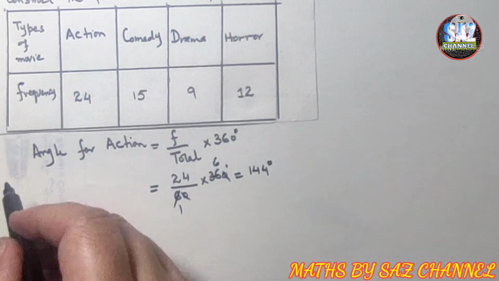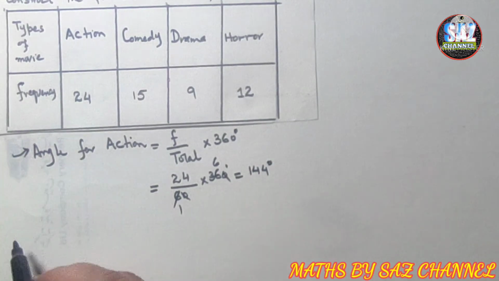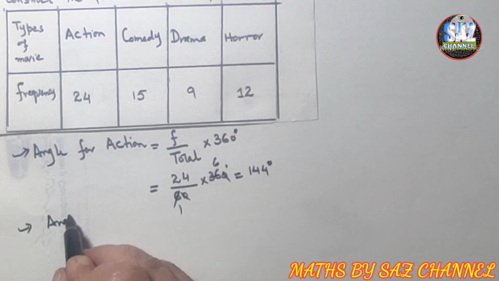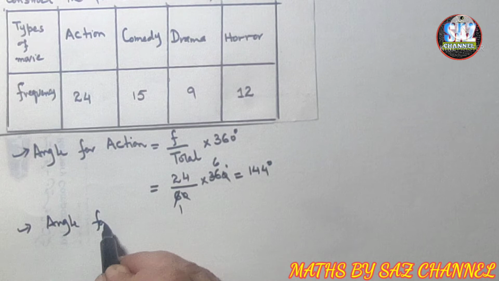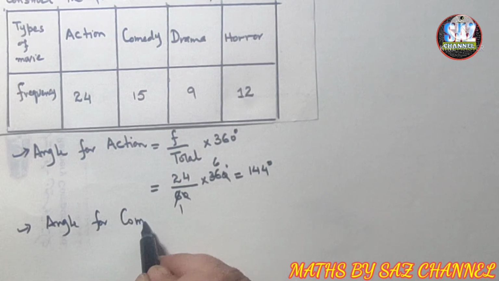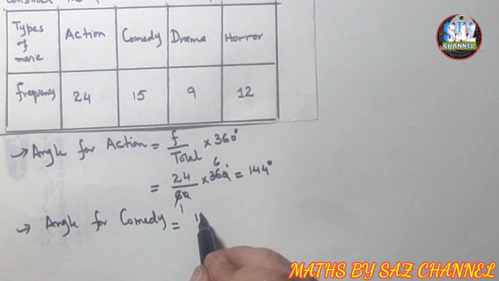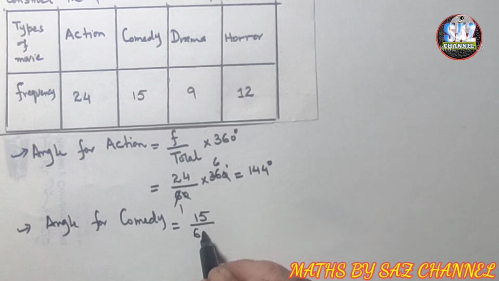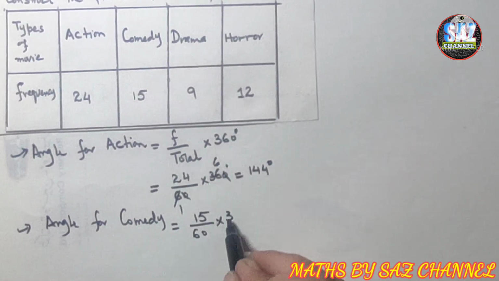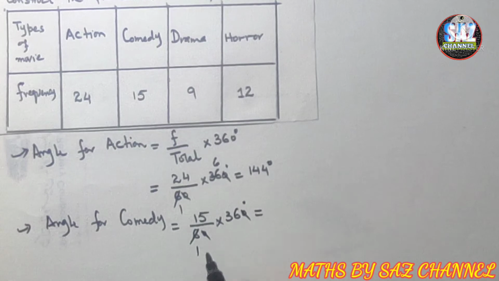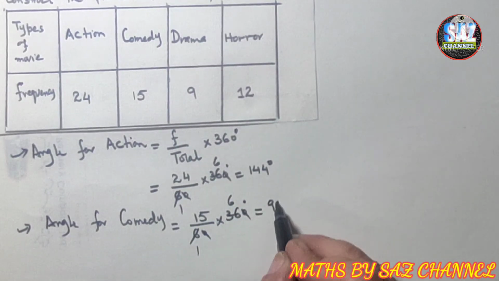And then moving to the comedy, angle for comedy is 15 divided by 60 multiplied by 360 degrees. Okay, now 0 goes with 0 and 6 ones are 6 and 6 sixes are 36, and 15 times 6 is 90 degrees.